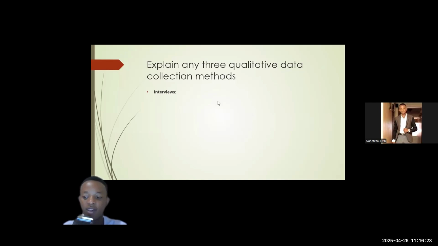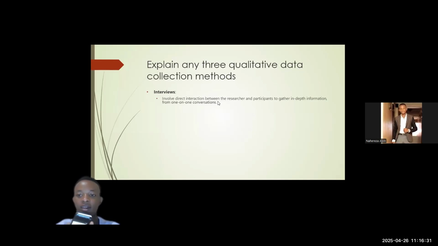The first method is interviews. This involves direct interaction between the researcher and the participants in order to gather in-depth information, usually from one-on-one conversations between the researcher and the interviewees.